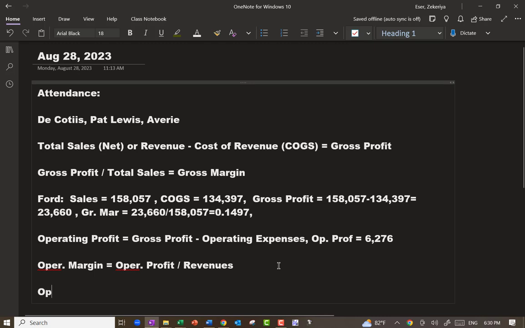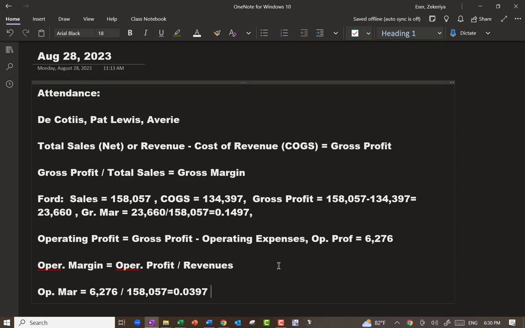Hence, operating margin equals 6,276 divided by 158,057. So they get to keep only about 4%.